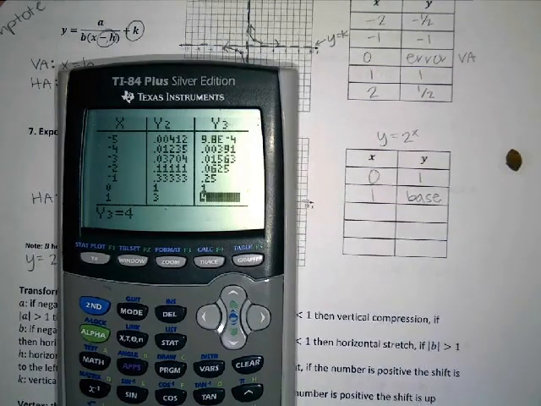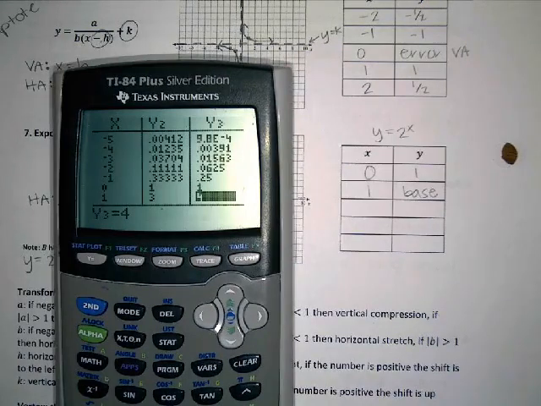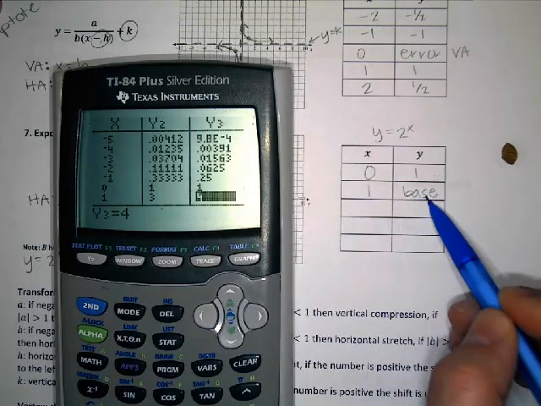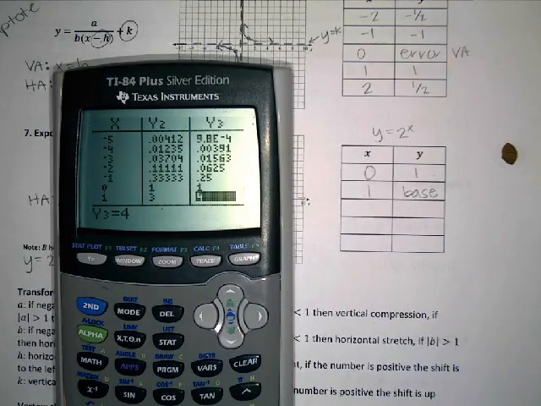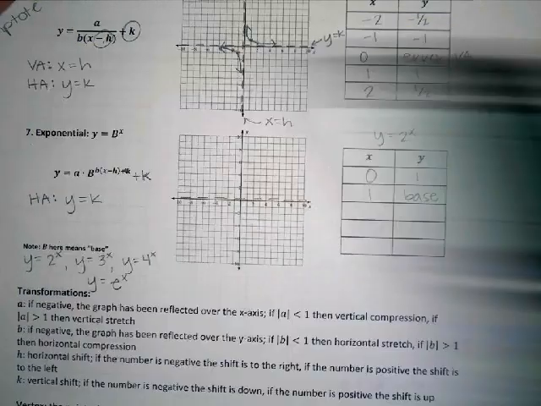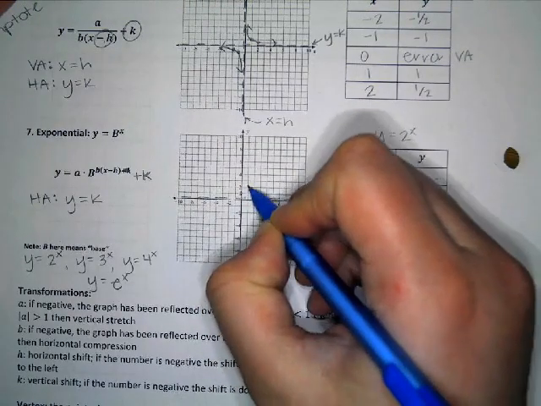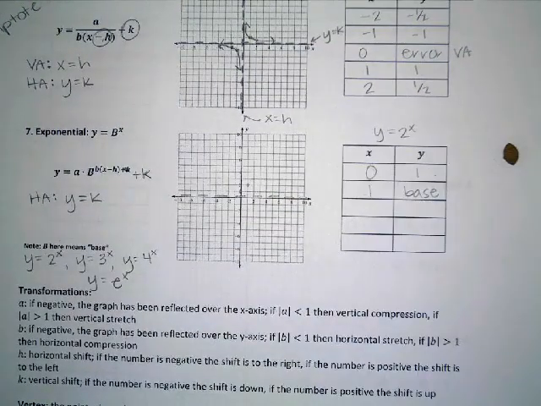So in this situation, we had 0, 1, 1, and then 2. Does that make sense? Typically most people would say in that case, if you can graph the asymptote, you can graph those 2 points. That's enough for you to graph an exponential graph.